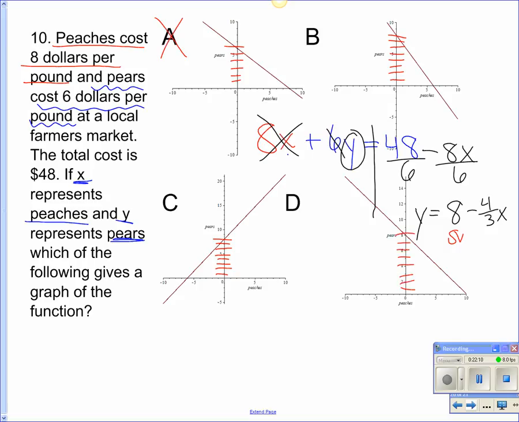Yes. All right. One of these is also definitely not the answer. Which one? C. Why? What's C doing? Going up. What are we doing? We're going down.